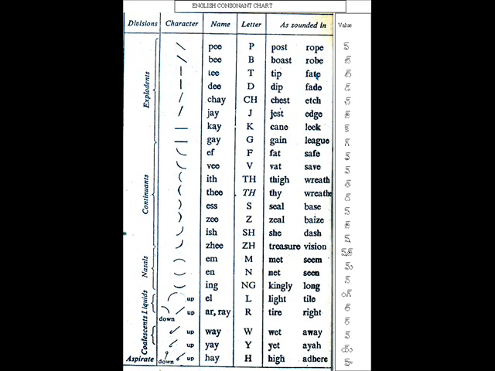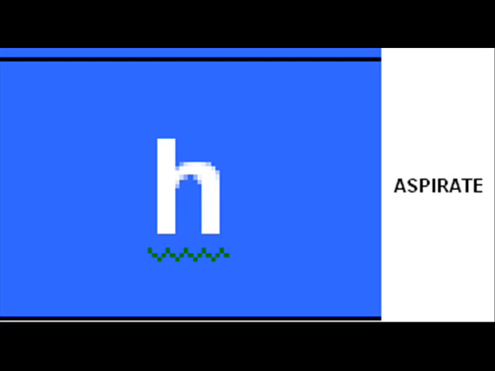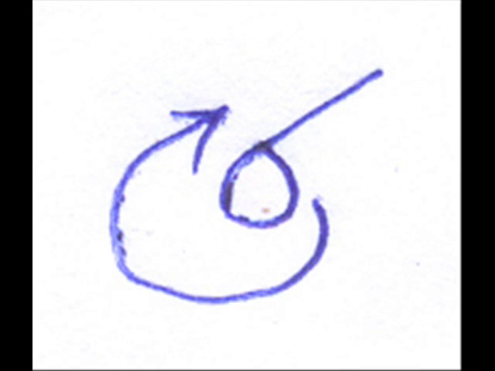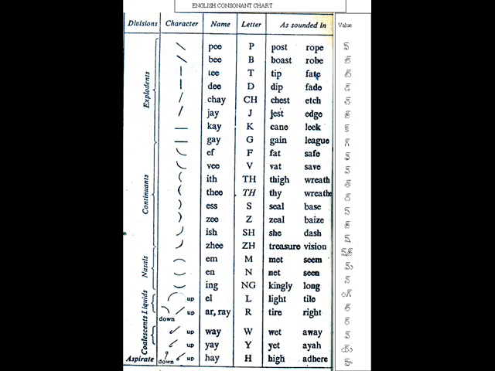The last consonant, He. It is written as a downward form and also an upward form. Two forms are given to He, remember. Earlier, R is provided with two forms. Similarly, He is provided with two forms. Both are light sounds.